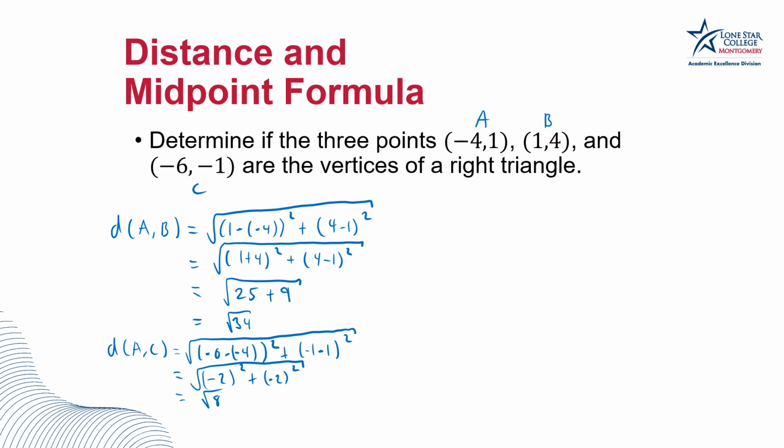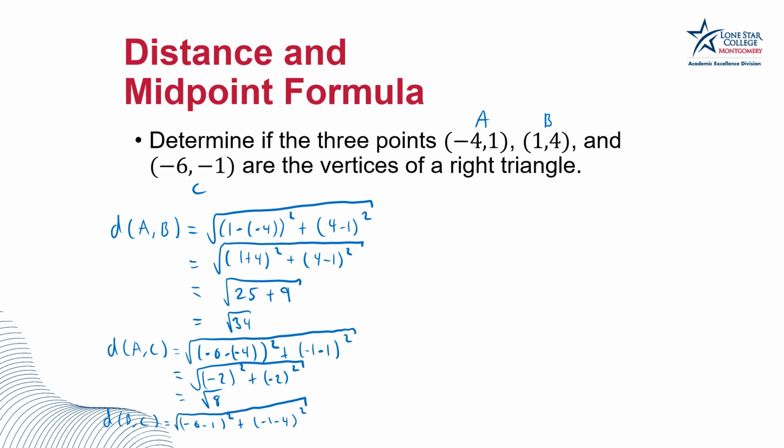Now, let's fit this last part down here, the distance between B and C. We're going to have x2 minus x1, so negative 6 minus 1 squared plus negative 1 minus 4 squared, all under the square root.